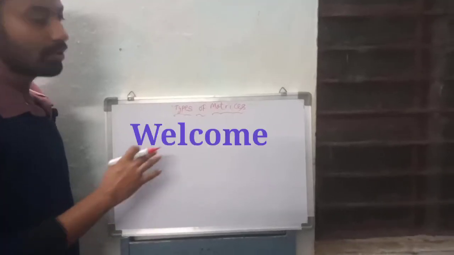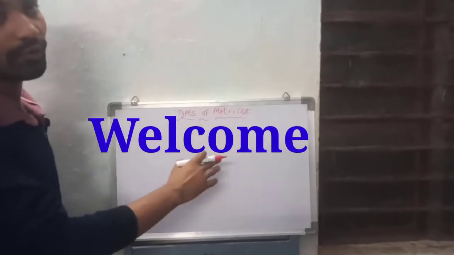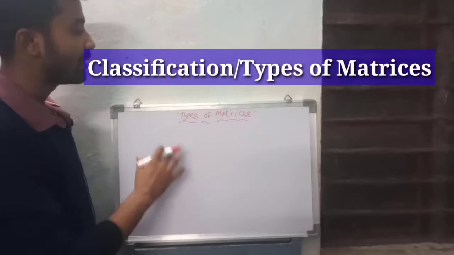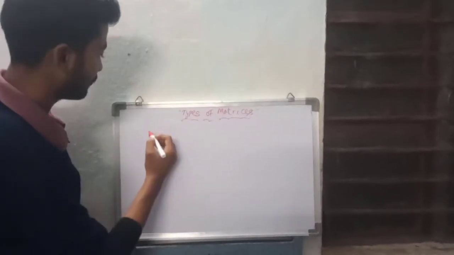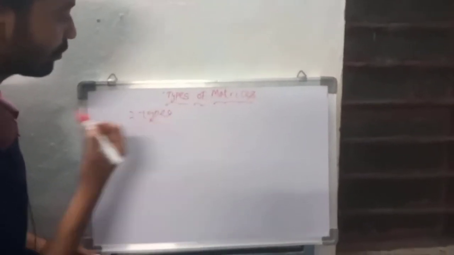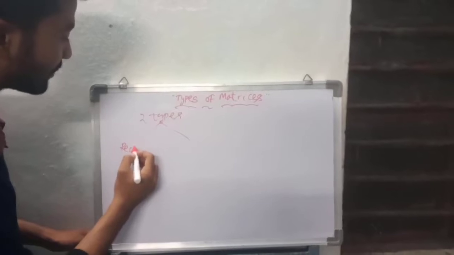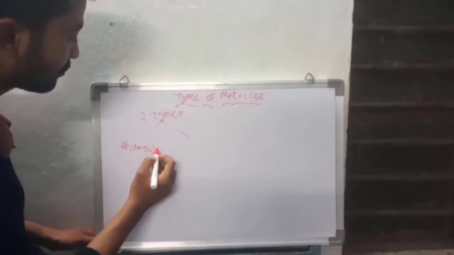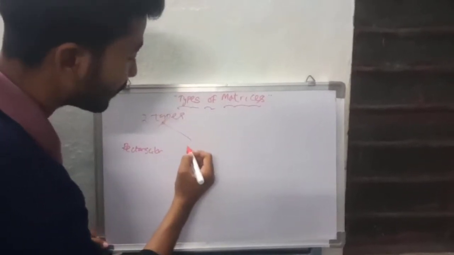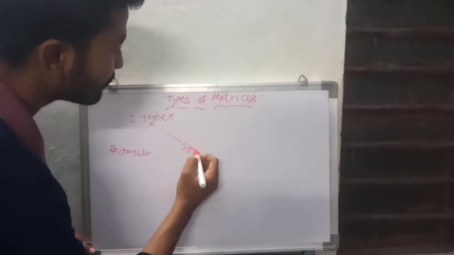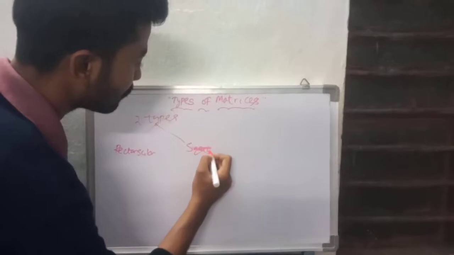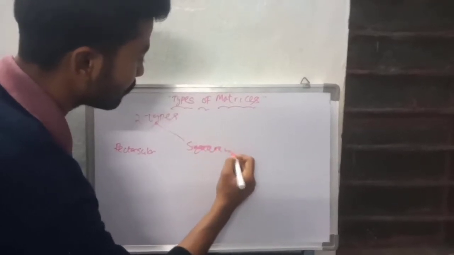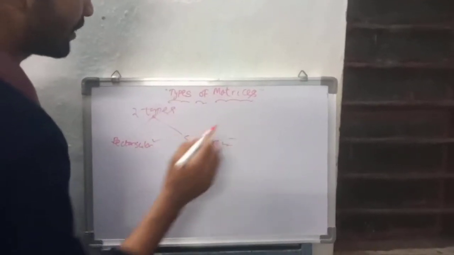So that was the order of the matrix. After that we will move forward into types of matrices. Generally, matrices are of two types. First, the rectangular matrix, and another one is the square matrix.